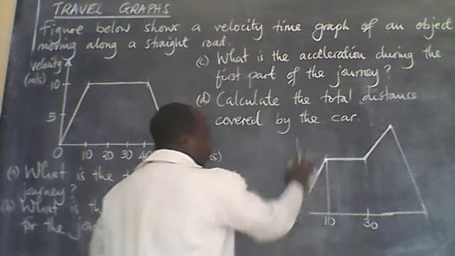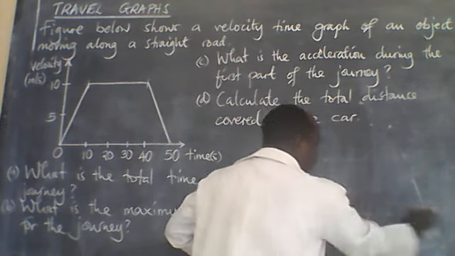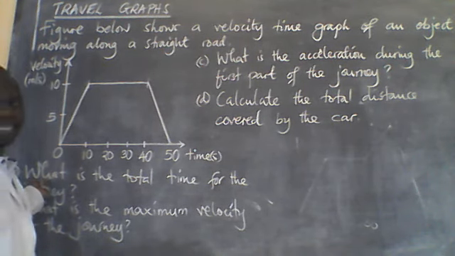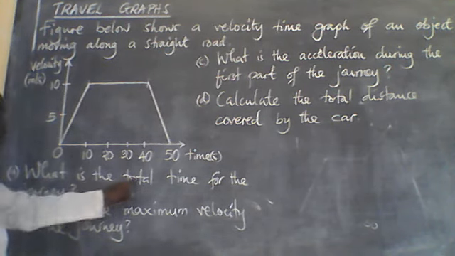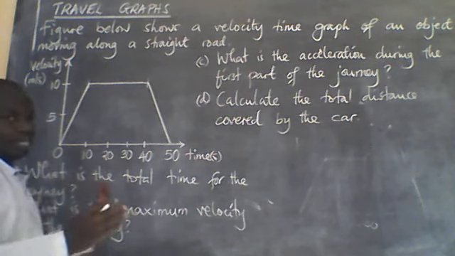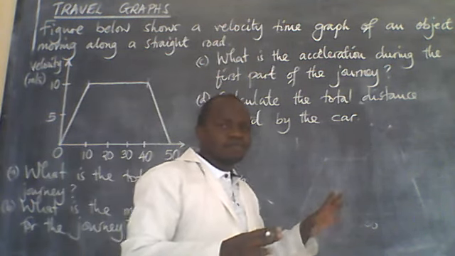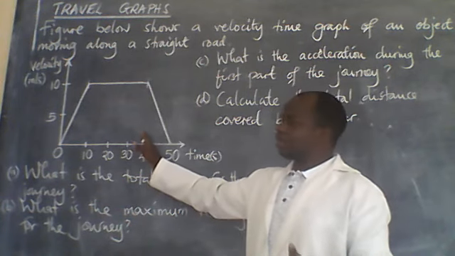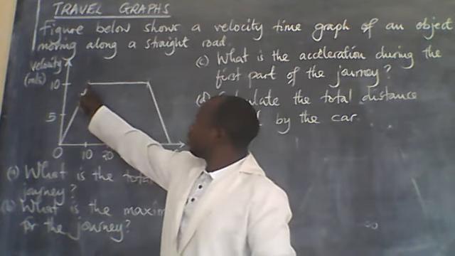Now let's look at the questions that have been presented here. The first part says, what is the total time for the journey? Look at the diagram. Tell me, what was the total time for this journey? Started from 0.